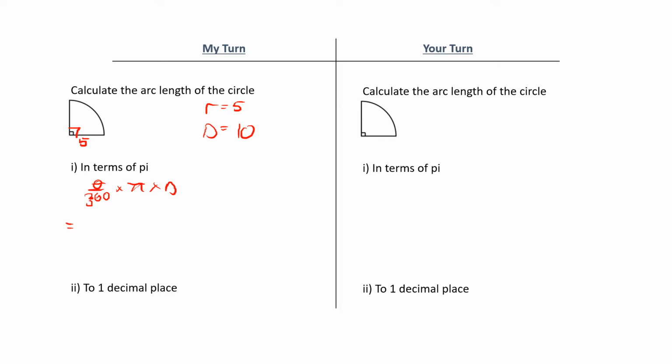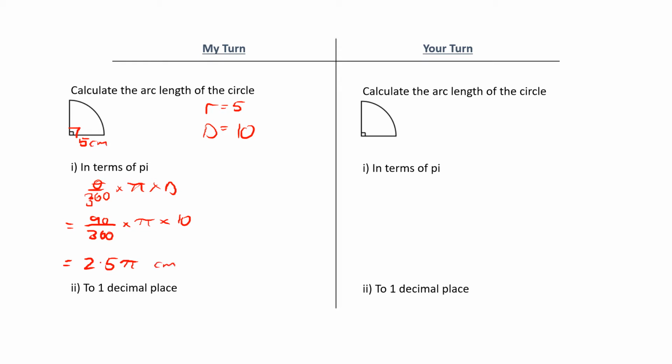So that is 90 divided by 360 times pi times 10. If you put that into your calculator, you would get 2.5 pi. When you're asked to give it in terms of pi, you're finished. That's all you need to give. My units, it's a length, so it's centimeters.